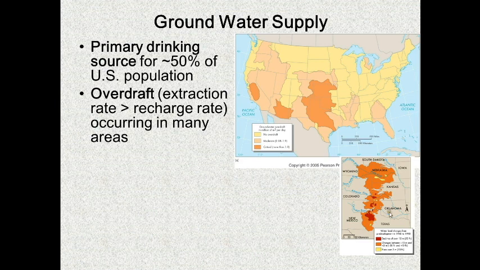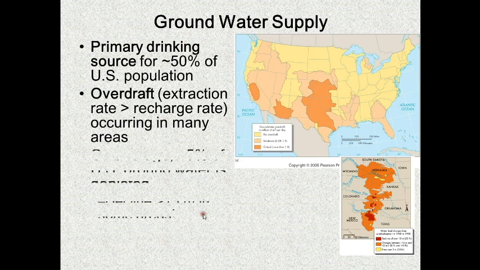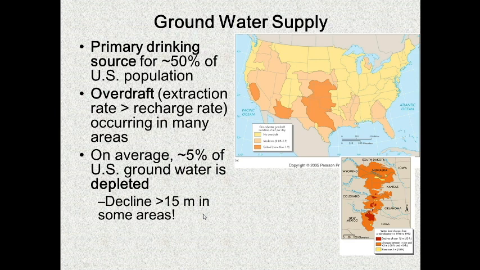Anything that is red is a significant decline of over 15 meters, which is 50 feet. On average, about 5% of groundwater is depleted. And as that graph showed, in some areas, it's more than 15 meters depleted or declined.